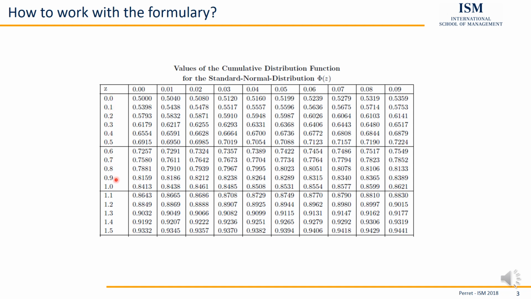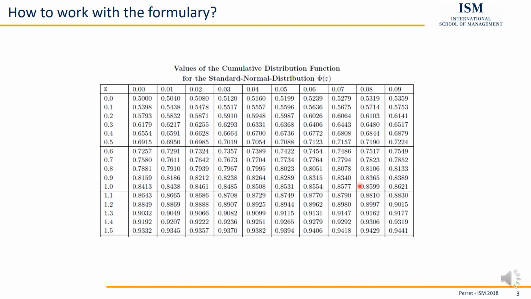Once you found the corresponding row, then you take a look in the specific columns which list the second decimal. So if we're looking up the value 1.08, we go into the row for 1.0, and then we go into the column for 0.08, because the second decimal would be 8 if I have 1.08.